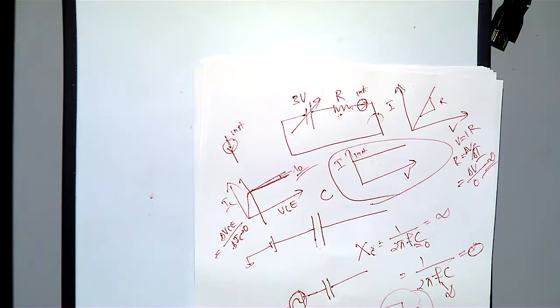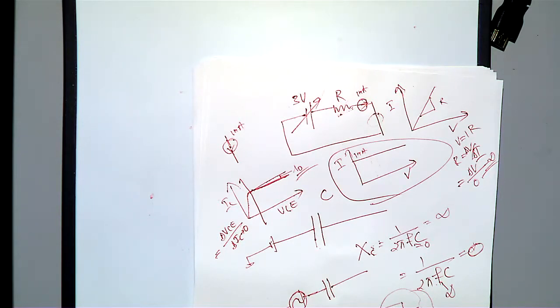When you take into account the Early effect, it's easy. Along with RC, you connect a resistance RO between these 2 points, in parallel with the current source, and this is the impedance of the current source, RO. So this is the small signal model without Early effect and with Early effect. This is the only difference.